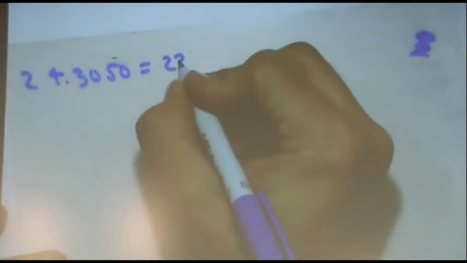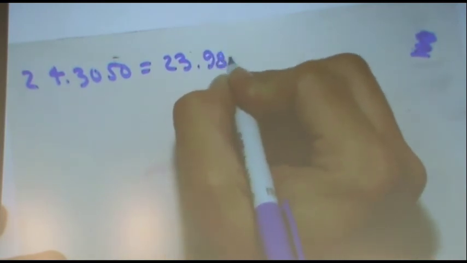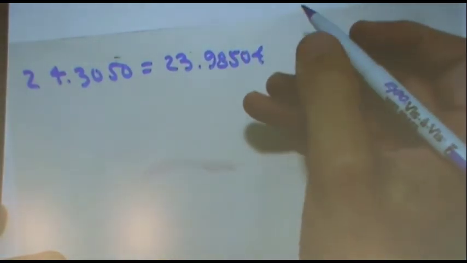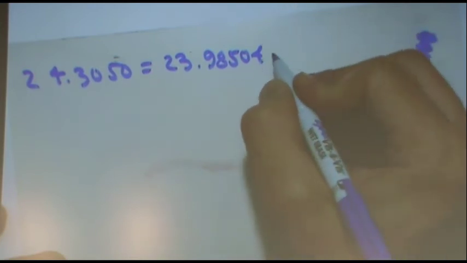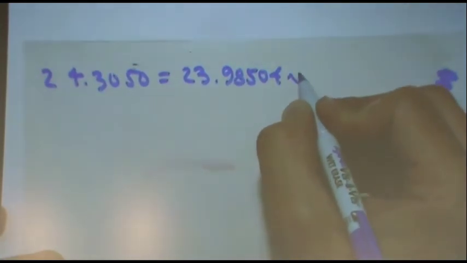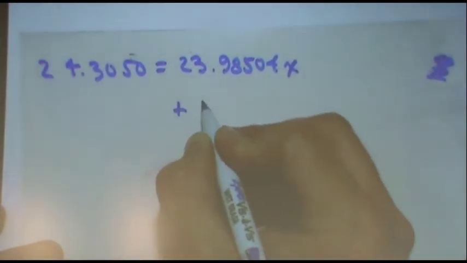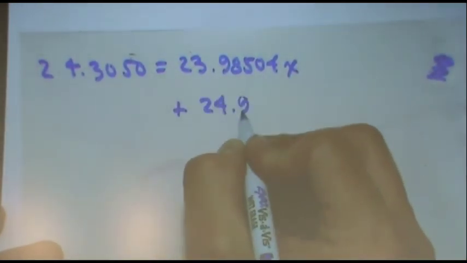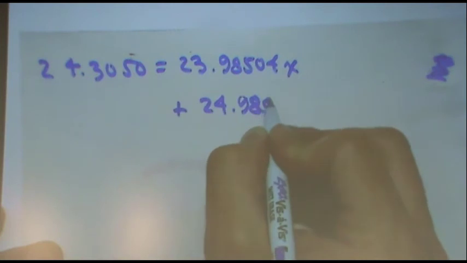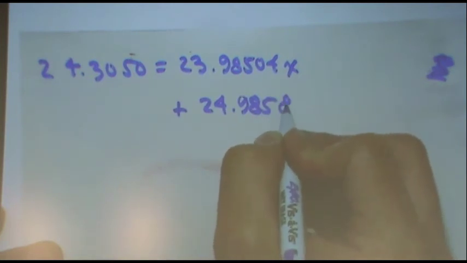So for example, the first one is 23.98504, and we don't know its percent abundance, we'll say it's X. The second one is 24.98584.